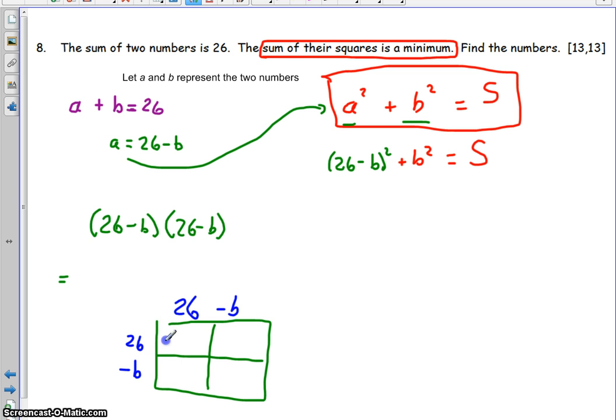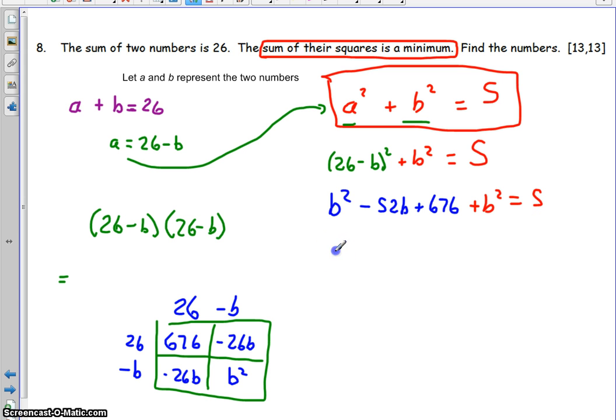So 26 times 26 is 676. This is going to be negative 26B. Another negative 26B here. And negative B times negative B is simply just B squared. Okay, so when it's all expanded out, B squared minus 52B plus 676, and then this plus B squared, which was there originally, equals S.